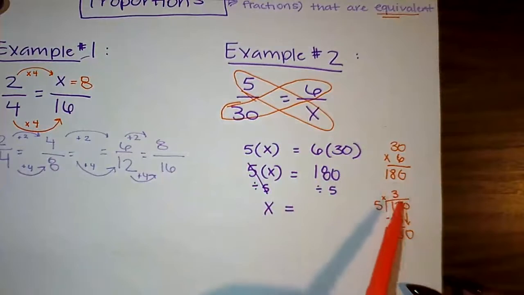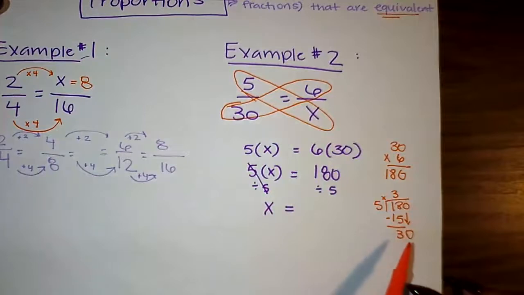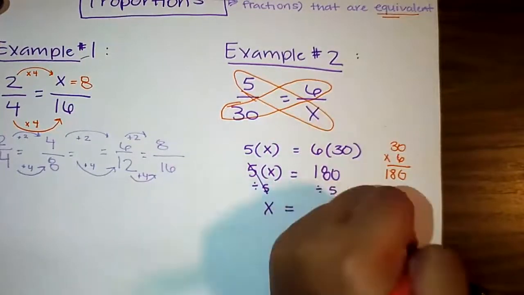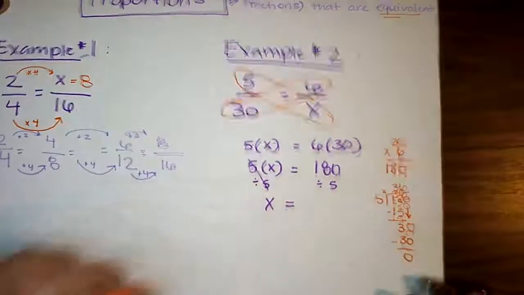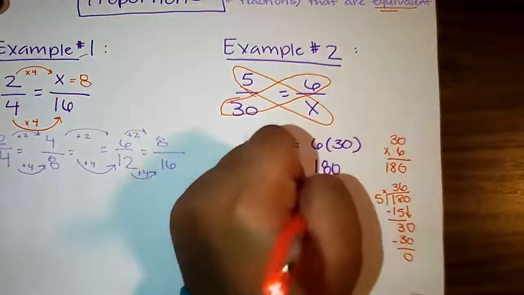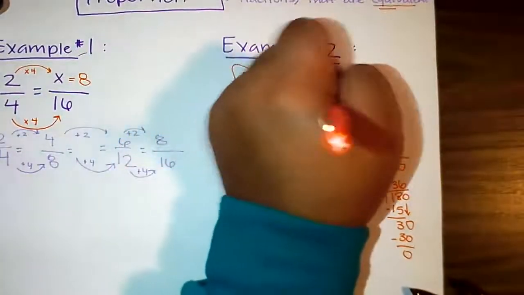Well, how many whole groups of 5 are in 30? That's 6. 6 times 5 is 30. Subtract and get 0. I'm done. So that lets me know that x equals 36.